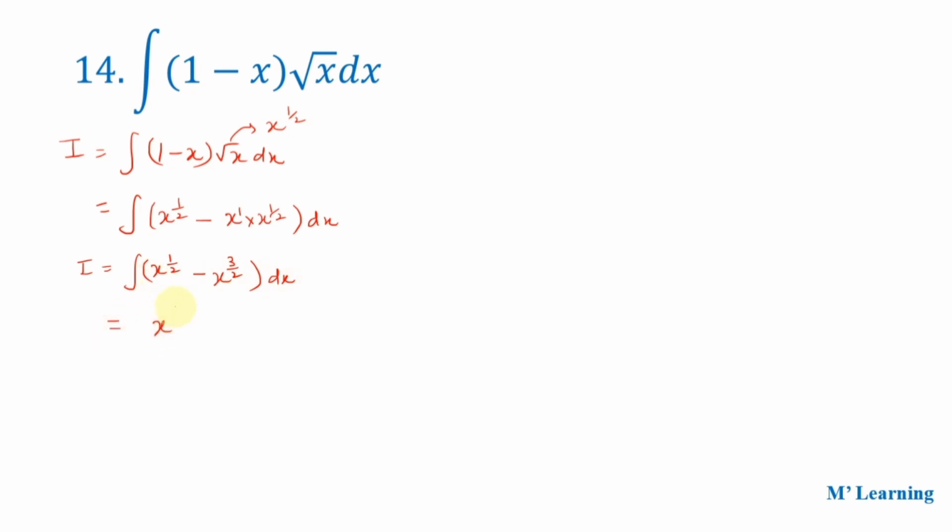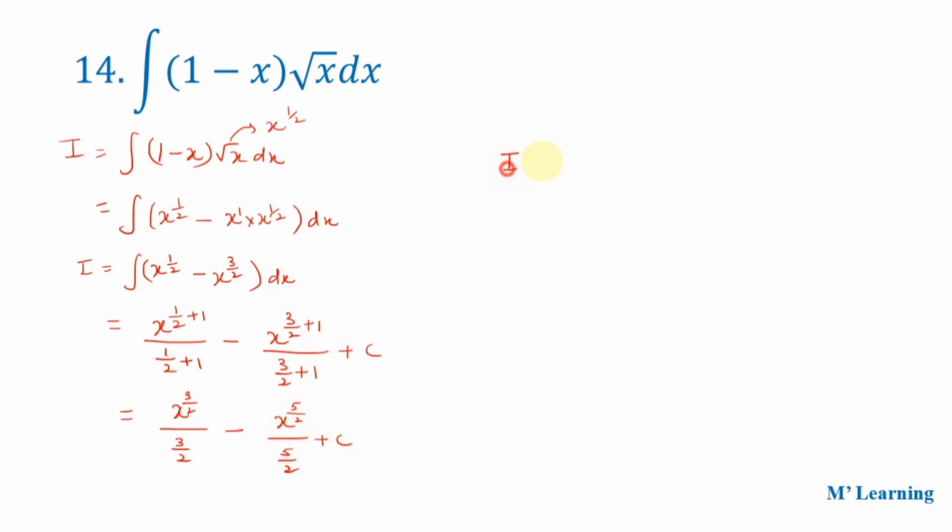So this becomes x to the power n plus 1 upon n plus 1, so this will also become x to the power 3 by 2 plus 1 whole upon 3 by 2 plus 1 plus c. So this becomes x to the power 3 by 2 whole upon 3 by 2 minus x to the power 3 by 2 plus 1 becomes 5 by 2, so 5 by 2 upon 5 by 2 plus 1.